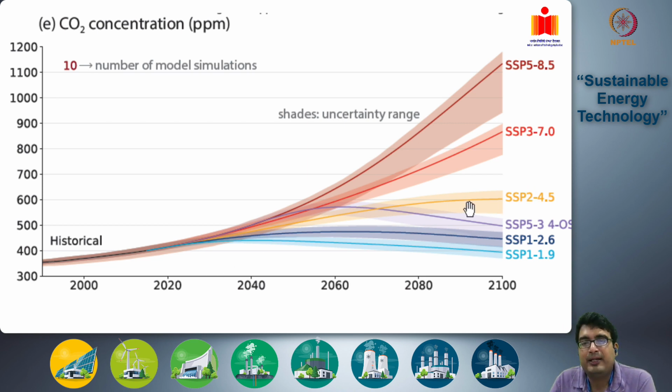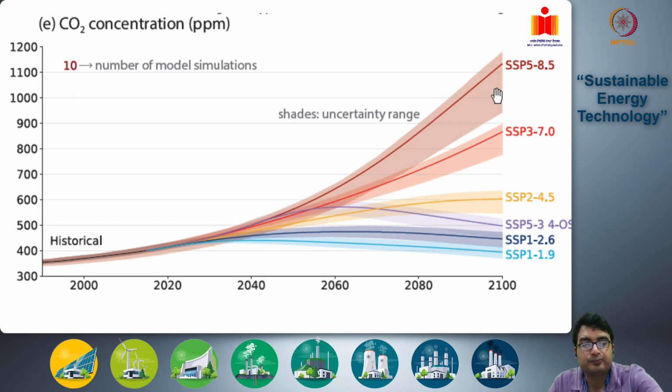Another medium emission pathway is this yellow one, where the CO2 concentration does not decline but stabilizes by 2100 to around 600 ppm. And these are the high emission pathways where the CO2 concentration continues to rise at certain different rates to around 850 ppm and around 1100 ppm for two different cases.